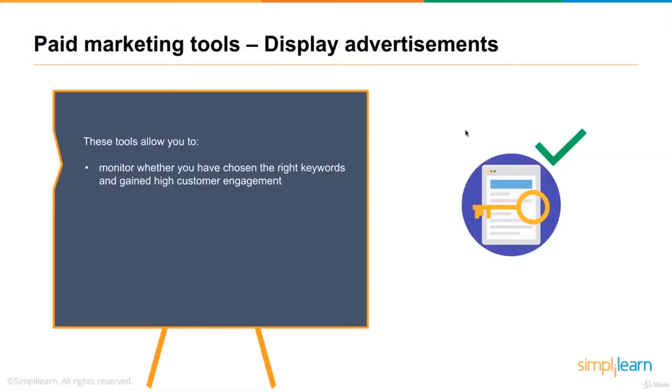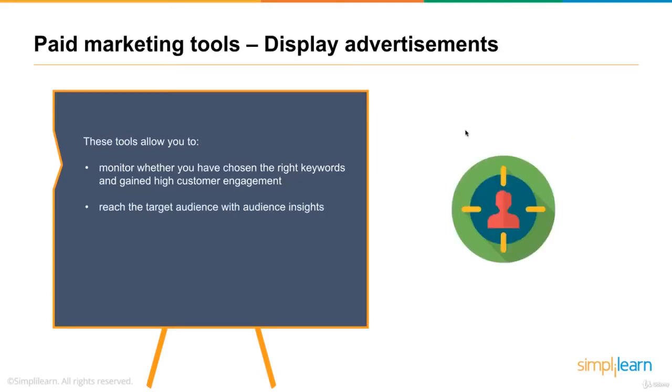So if we look at display, why do we want to leverage some of these tools? Just like search, where we want to look at keyword and ad performance, it's the same kind of concept here. We want to monitor whether we have the right keywords and right customer engagement. So when it comes to display, we want to make sure we're choosing the right audience.